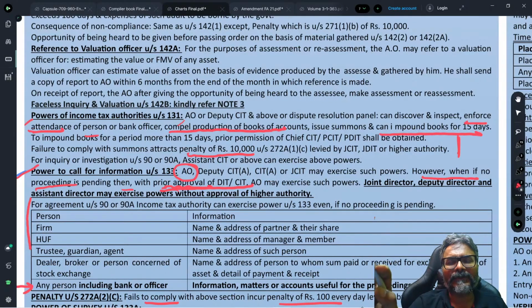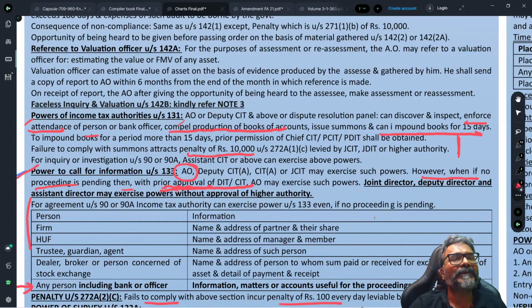Apart from the penalty, students, there would also be a search under 132. See, this is a very dangerous thing. In a 132 search, the ground for initiating the search is that the SSC has got undisclosed income. That is one of the grounds for providing the authorization for search.